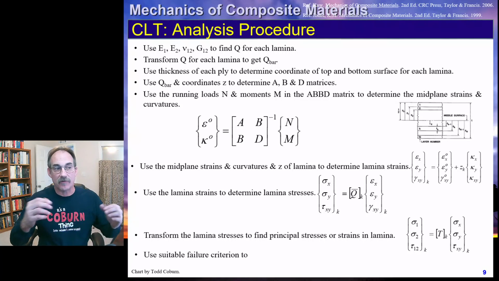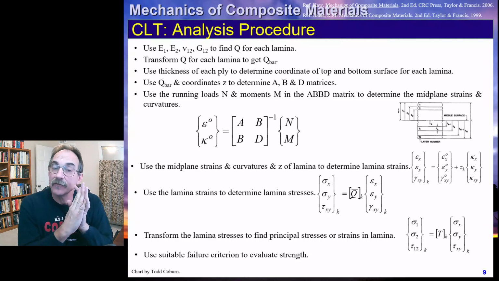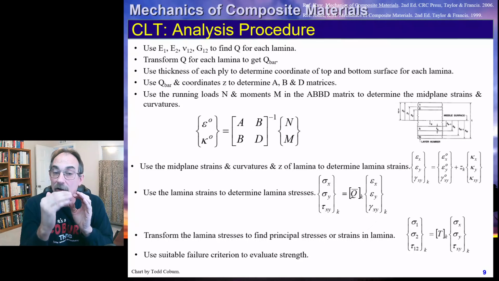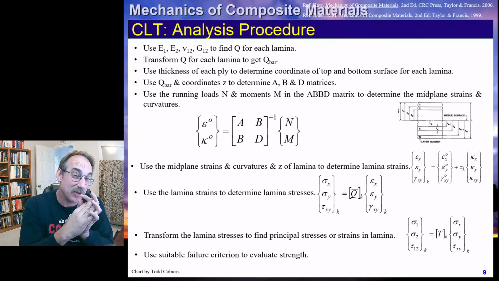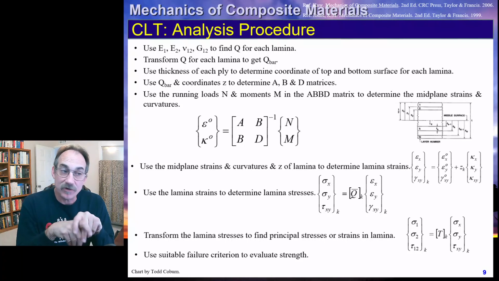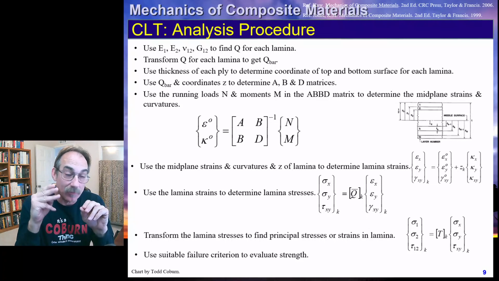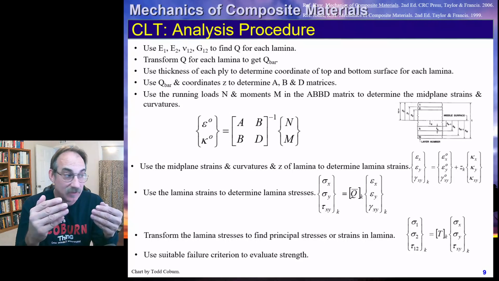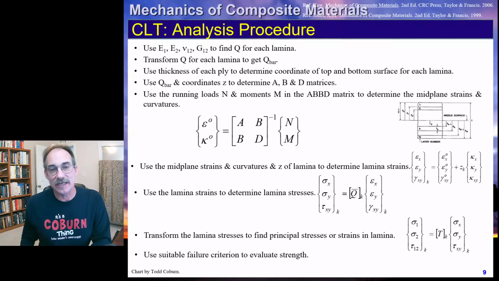We then use whichever suitable failure criterion. If we're using maximum stress, we're just going to compare each value, write a margin of safety on each value against its allowable. And if you're using Tsai-Hill or Hoffman or something else, we're going to use those failure criteria to plug in all these values and see how it relates to the allowable. That is classical lamination theory.